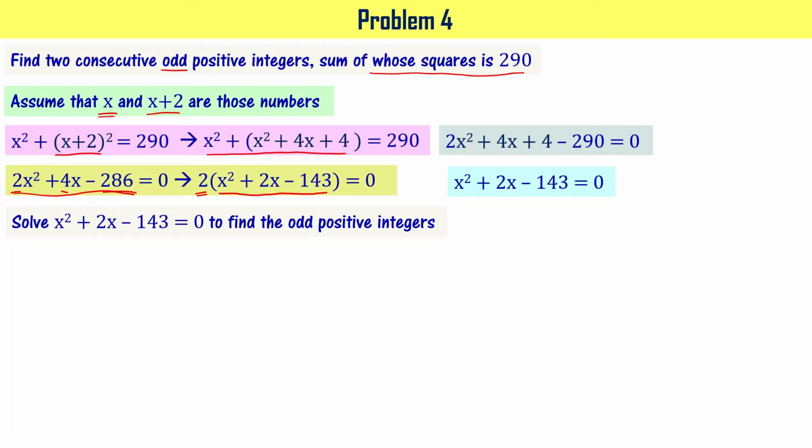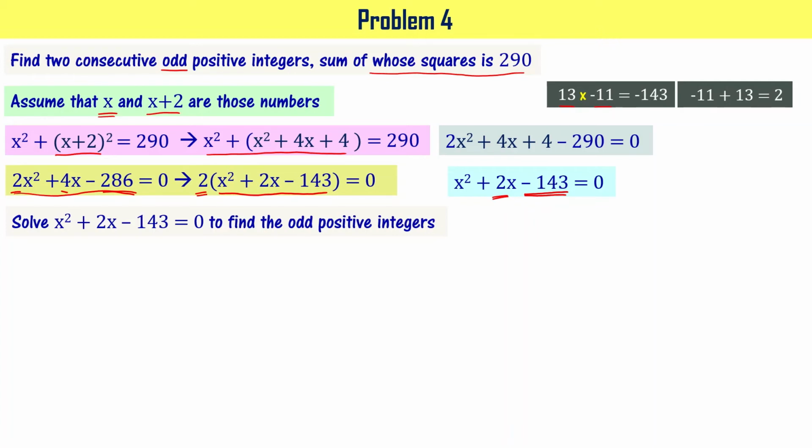One has to solve this equation to find odd positive integers. And if you go by splitting the middle term method, we have to find the factors such that their product is equal to minus 143 and their sum is equal to plus 2. Minus 143 can be written as 13 times minus 11, right? When you sum these two, 13 and minus 11, you will get the sum as 2, right?